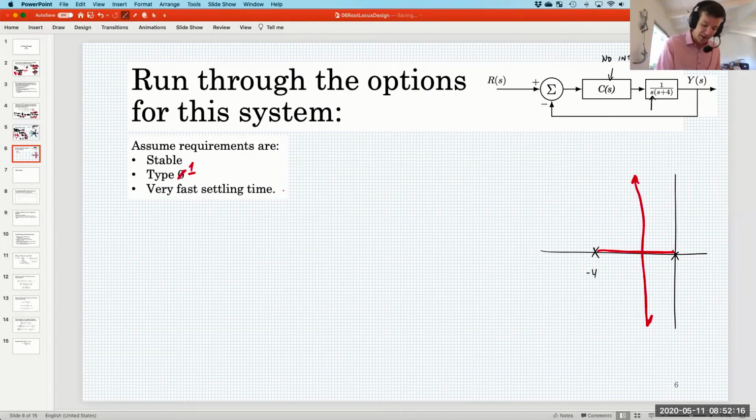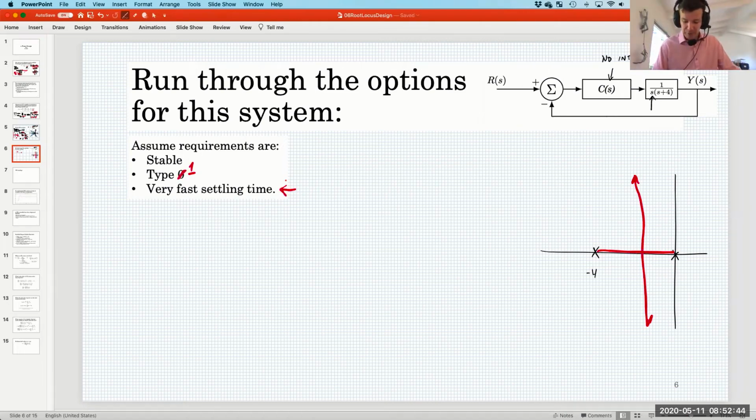My next question is, does it satisfy this settling time requirement, which is admittedly quite vague. One way to interpret this might be, could the settling time be faster? If the answer is no, then we've got as fast as we can do. If the answer is yes, then maybe we didn't quite optimize our controller enough.